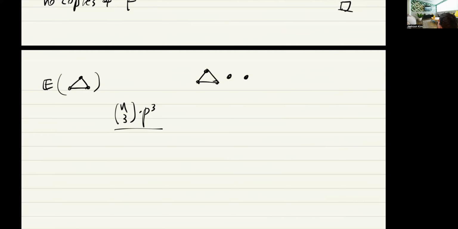For example, in the above expectation computing, when you have the expected number of triangles, it's n choose 3 times p cubed, right? But if you compute the expected number of the other structure, then this is n choose 3 times p cubed times an additional n squared. The expectation is higher.